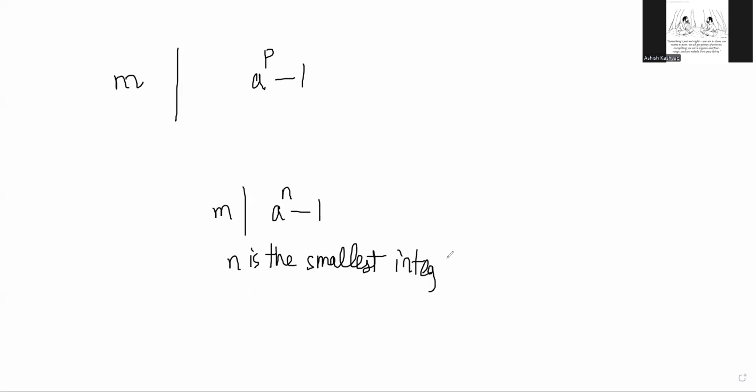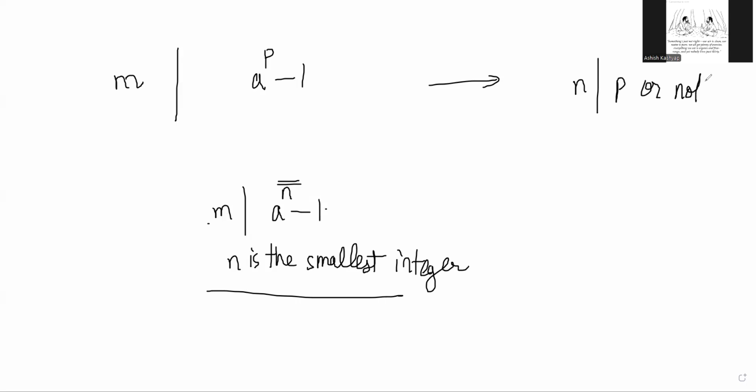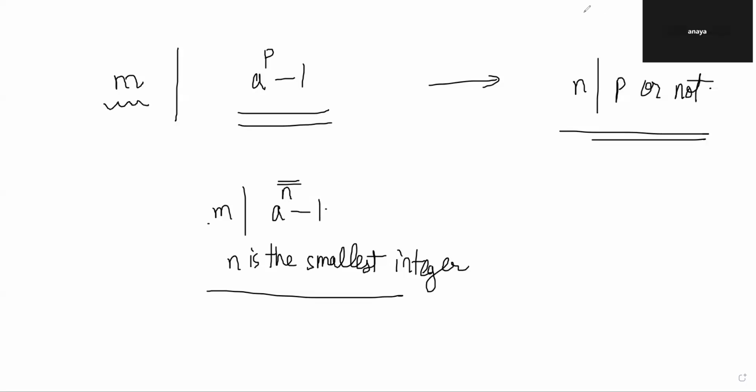Then all we have to check is whether n divides p or not. If n divides p, then m will divide this also. Both sides are true and we have done the proof. So make sure that you understand these things. We will be using this in problems later.